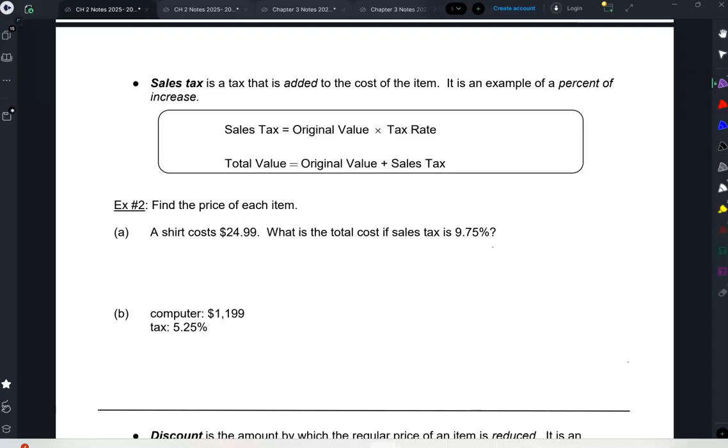You pay $5.65 plus a little bit more, and that's the sales tax. So to figure out the total that you're going to pay, you have to take the original value, multiply by the tax rate, then take the original value again, this time add the sales tax.